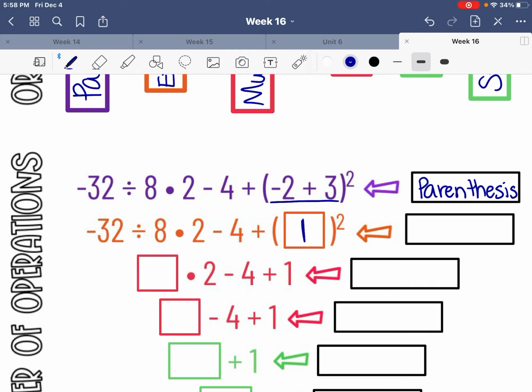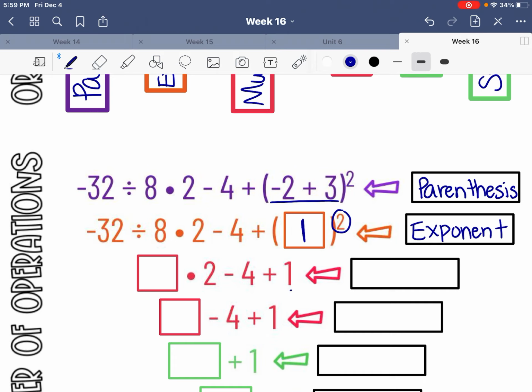Now that we've taken care of the parentheses, because there's nothing inside the parentheses except for the number 1, we'll do the next step. And that will be the exponent. The funny thing about 1, you can raise it to any power and it still equals just 1, because 1 times 1 times 1 times 1, no matter how many times you do it, equals 1. So our next step, after we clear the exponents, is to put a 1 here.